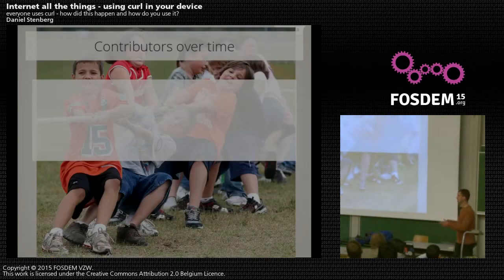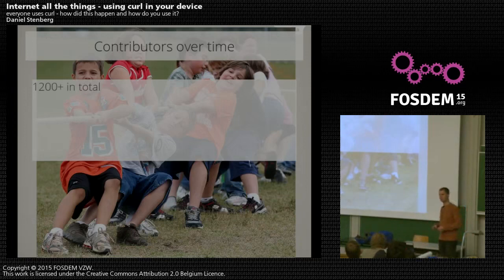So I wanted to also say that we have a billion users. I don't know, maybe there are a billion users. But you can still reach a billion users without the project being that big. We have 1,200 contributors if we count all the users that we ever got help from. I try to keep track closely to give credit where credit is due.